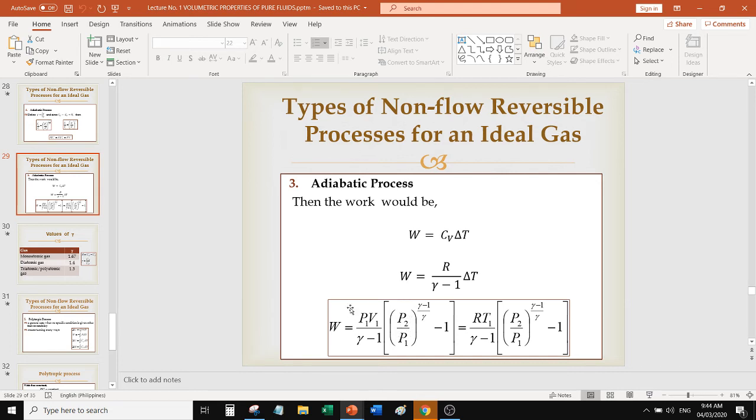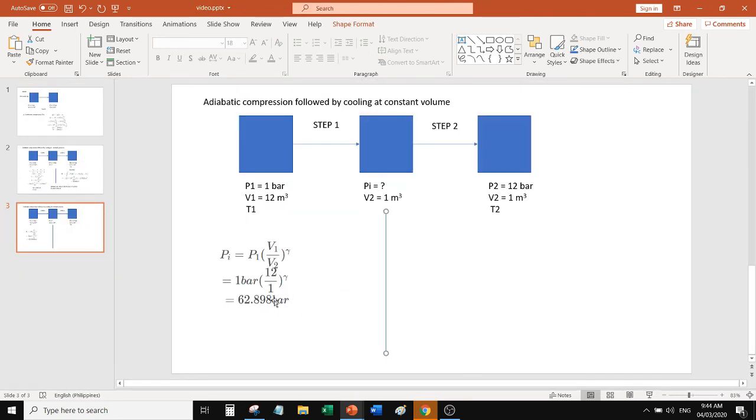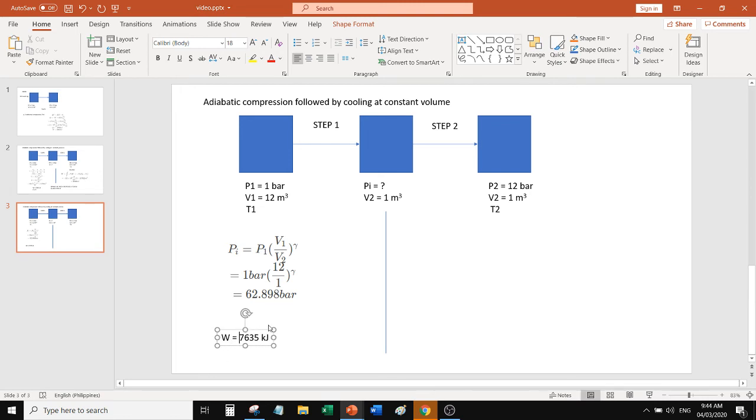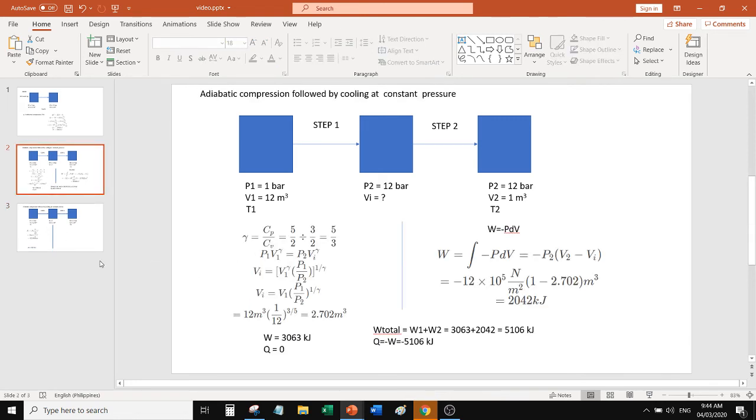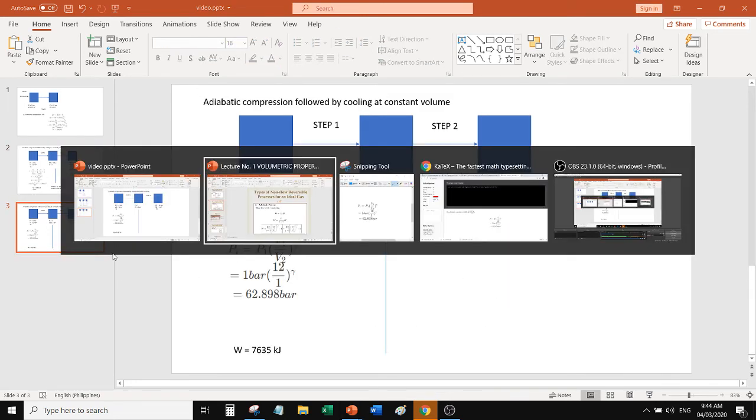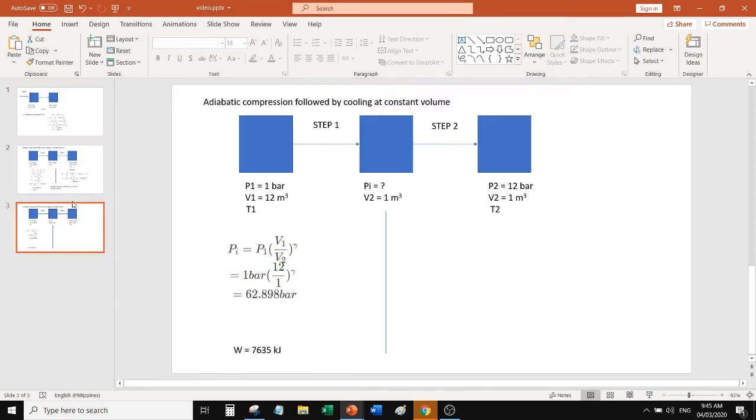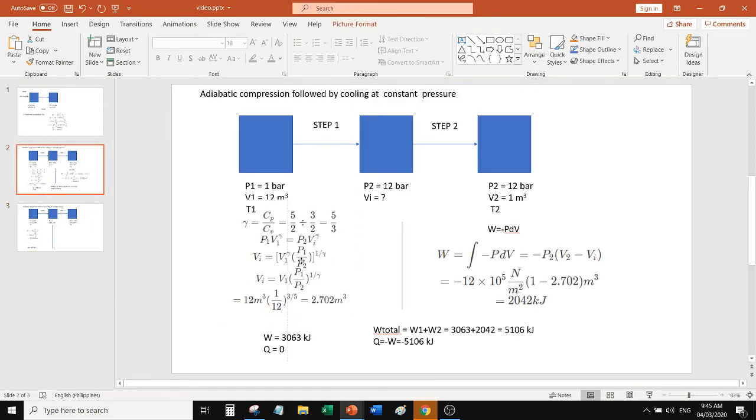Just plug in the values, and for P2 use the intermediate pressure that we solved here. The work that we'll get would be 7635 kilojoules. So that is the work.